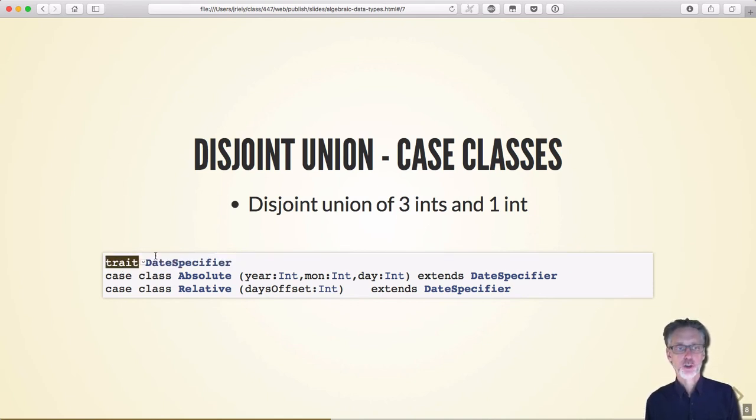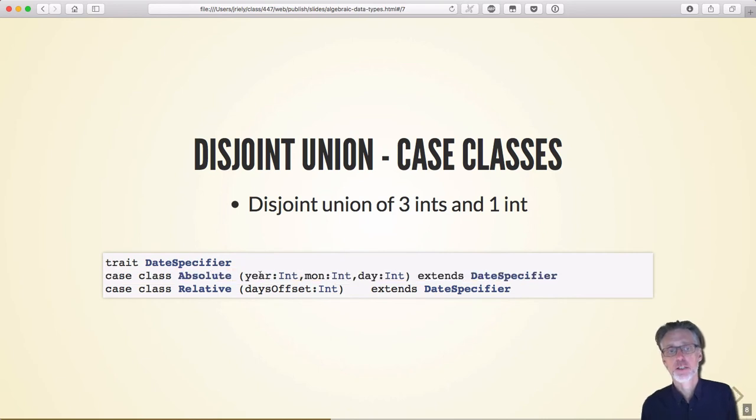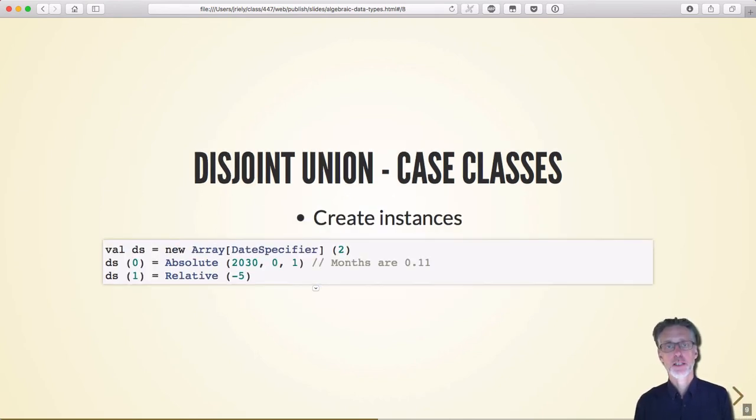So here I have a trait, DateSpecifier, and here we have two possible implementations or specializations of that trait. A date specifier may be absolute, so I want to specify a date, and what I do is give you the year, month, and day. Or I may have a relative date specifier, which I just give you as an offset with respect to today. These are two possible ways of creating these things.